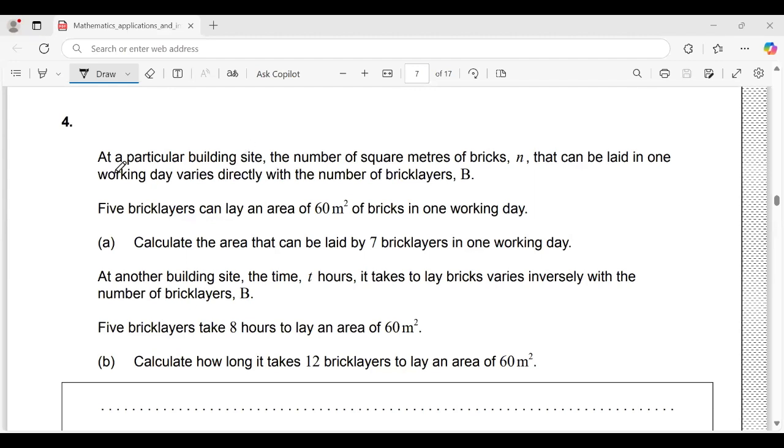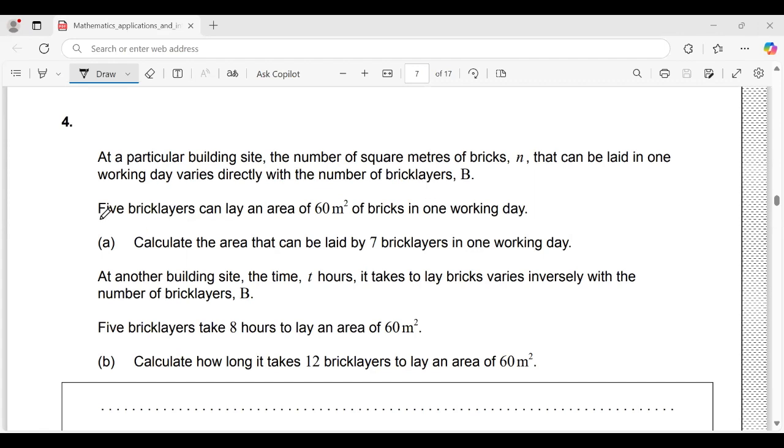Number four. At a particular building site, the number of square meters of bricks that can be laid in one working day varies directly with the number of bricklayers.